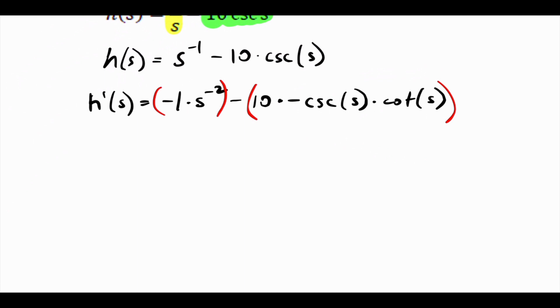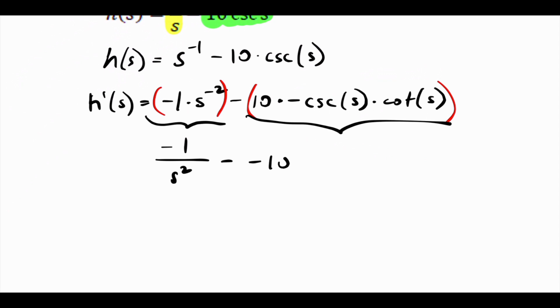In between them is subtraction. So let me clean this up a little bit. So -1 S to the -2, minus -10 cosecant of S times cotangent of S.